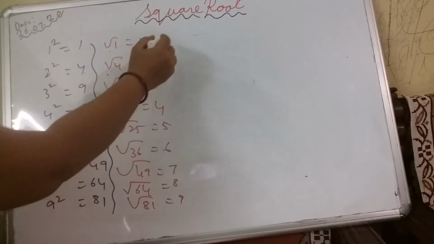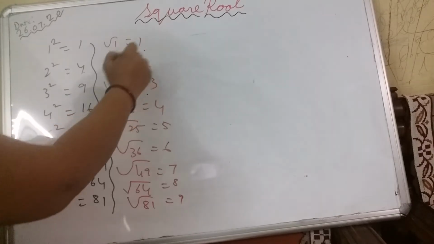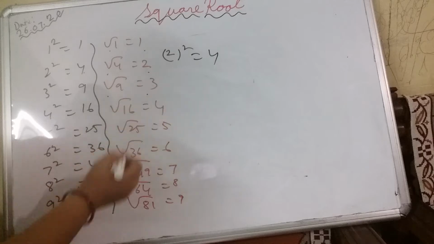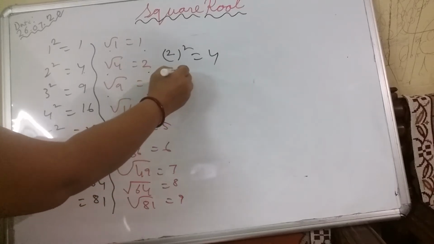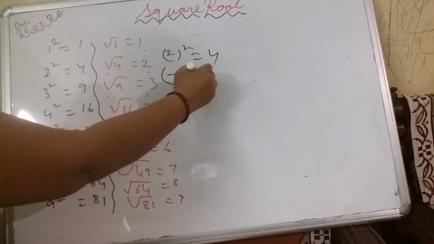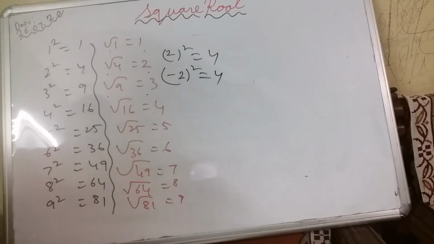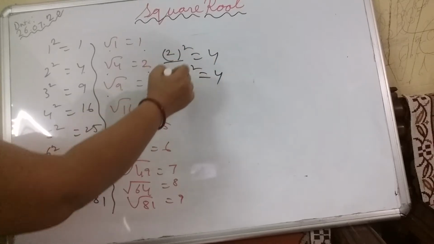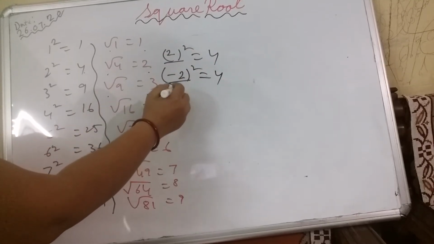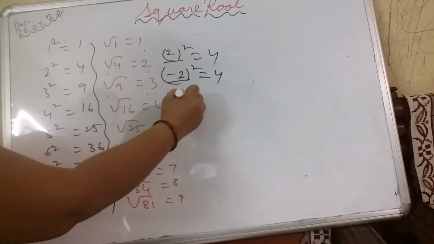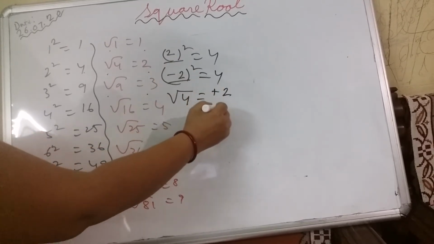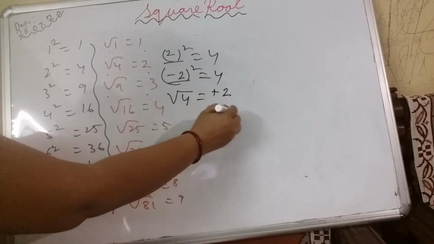Now square of 2 is 4 and square of minus 2 is also 4, okay? So what we can find out is that square root of 4 can be plus 2 or minus 2.